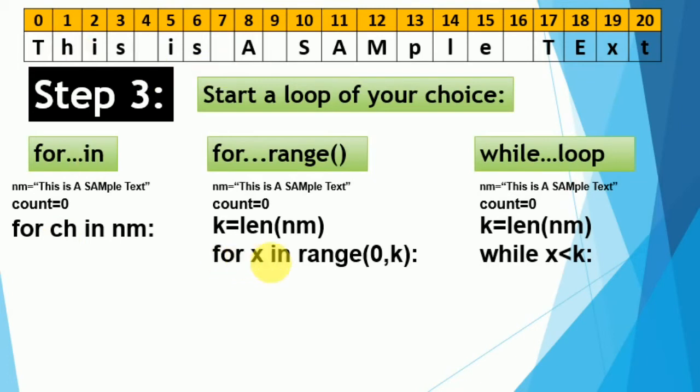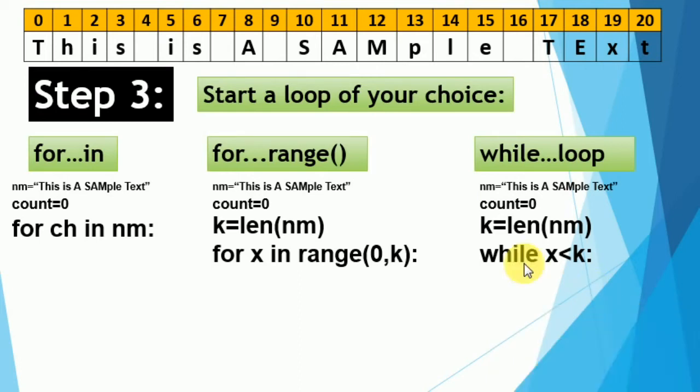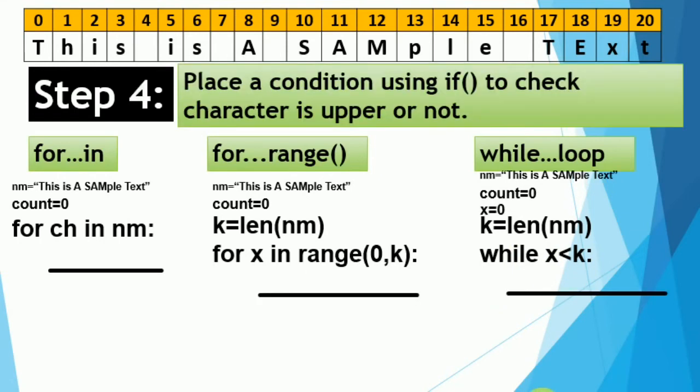For x in range 0 to k, where k stores the length, that is 21, but it will work up to 20, that is, minus 1. The same applies in the while loop: k equals length of nm, while x is less than k. Next step is to fill this up.